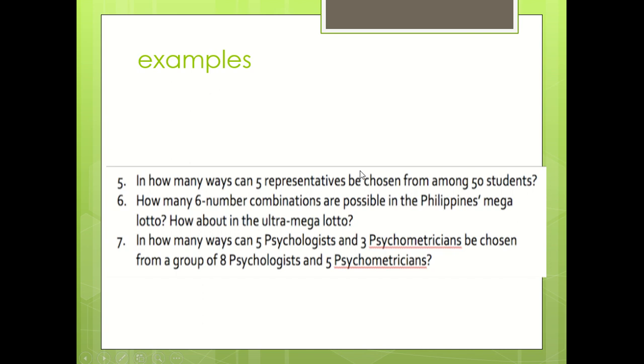So the next set of examples would be: in how many ways can 5 representatives be chosen from among 50 students? As mentioned earlier, both n and r are numbers. n is always the bigger number. So there are 50 students, and from the 50 students, you're going to choose five representatives. So in how many ways can you choose these five representatives out of the 50 students?